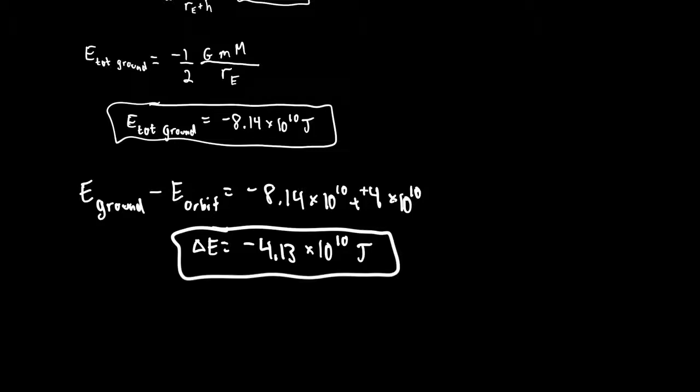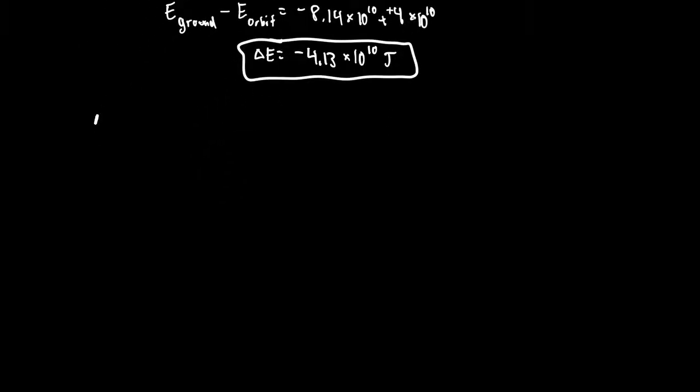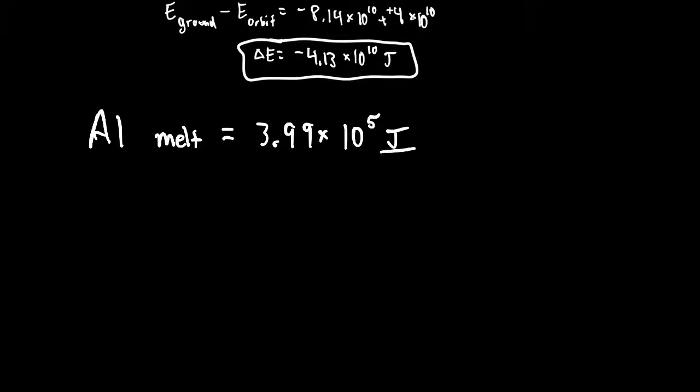When they say heat of fusion, that means the heat to melt. Heat of vaporization is heat to vaporize. So they give you those numbers in this table. I would give you those numbers as well. For aluminum, we'll call it melt, the heat is equal to 3.99 times 10 to the 5 joules per kilogram.